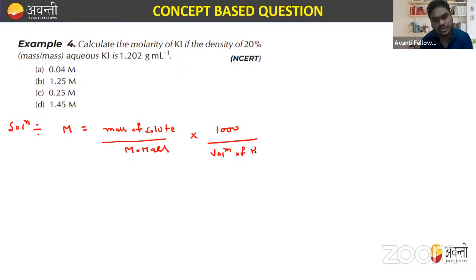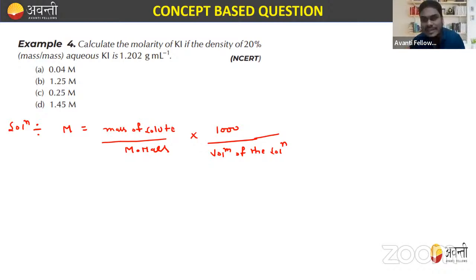This formula we already derived in our previous class. So for molarity, we need just three things: mass of the solute, molar mass, and volume of the solution.